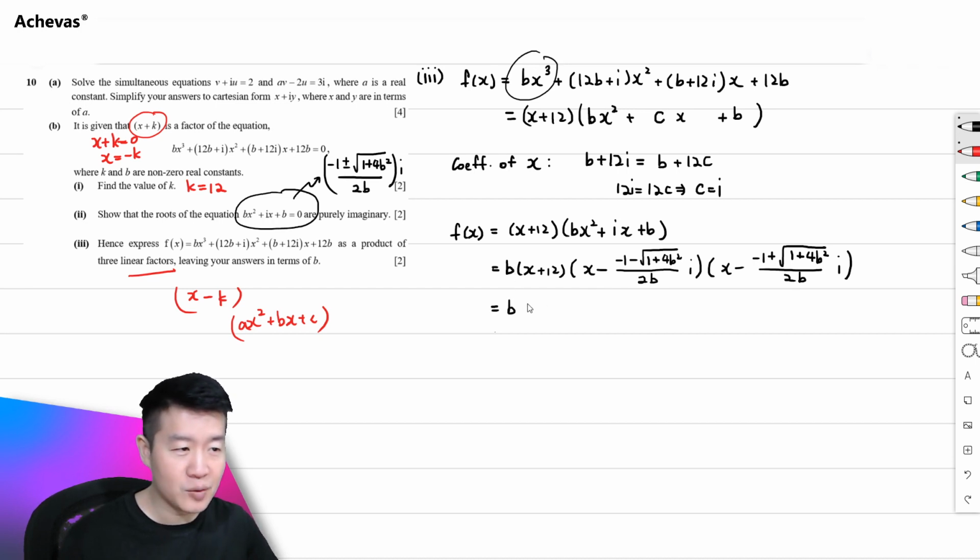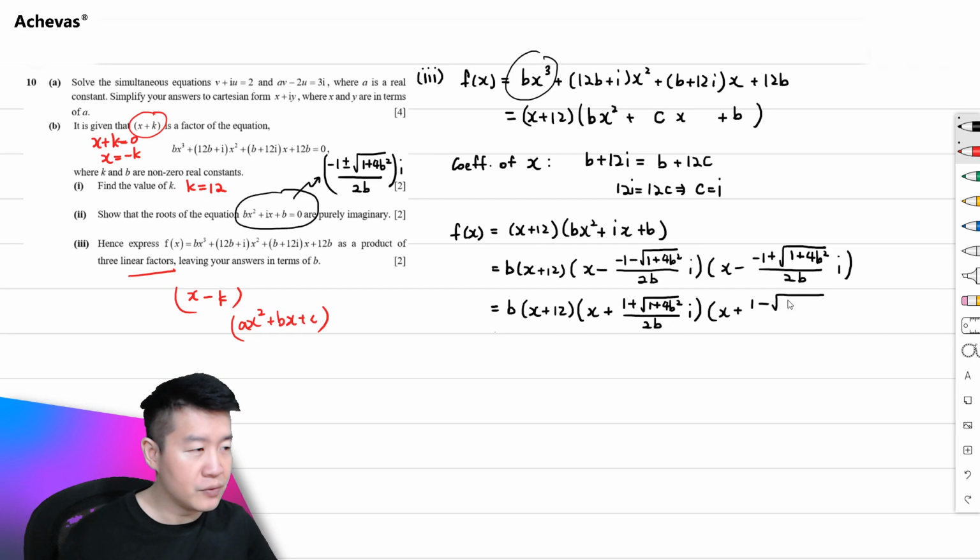So my final answer will be b times (x plus 12), then, okay, I think I can multiply this in, so (x plus 1 plus square root of 1 plus 4b squared divided by 2b i), then (x plus 1 minus square root of 1 plus 4b squared divided by 2b i).